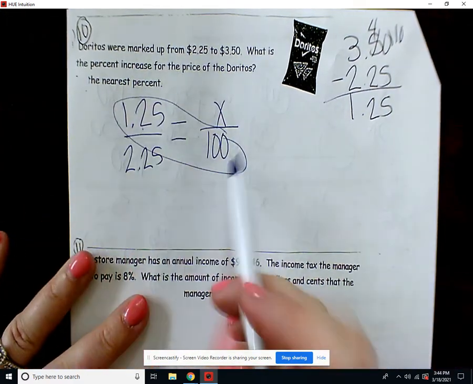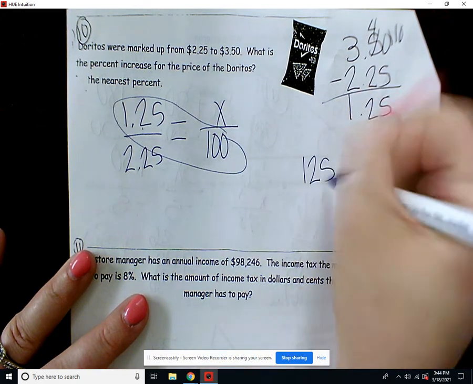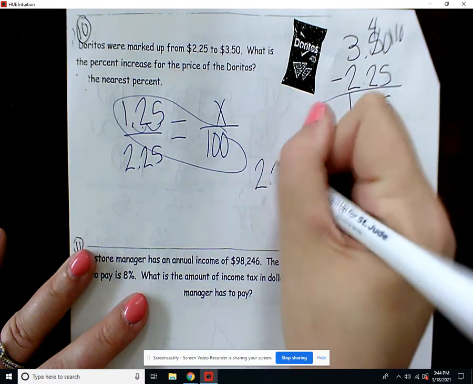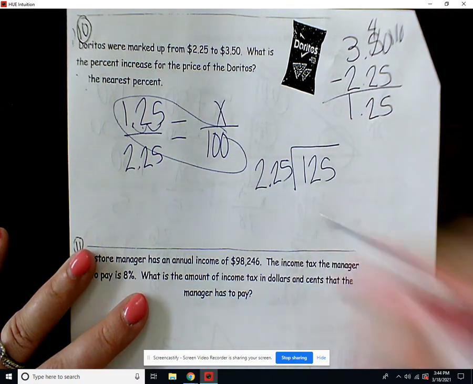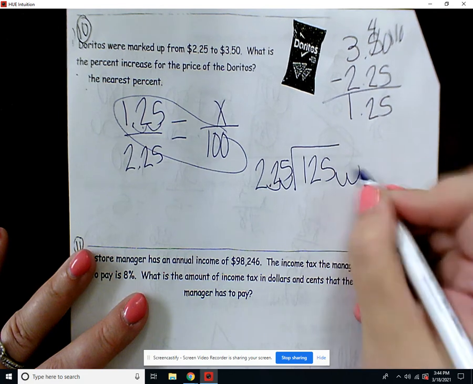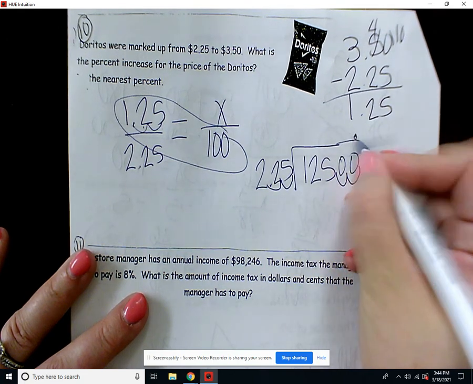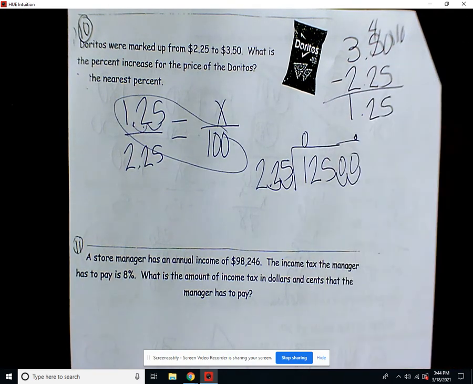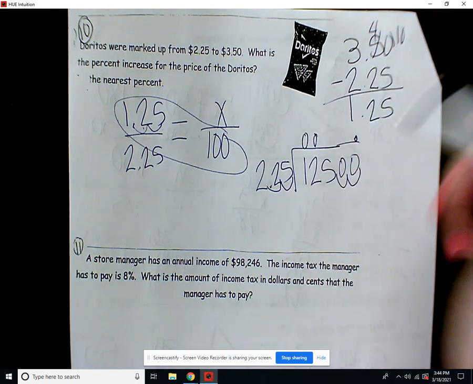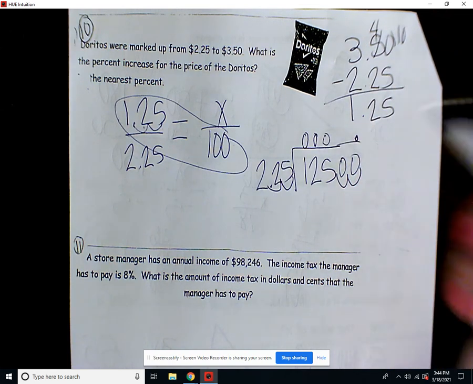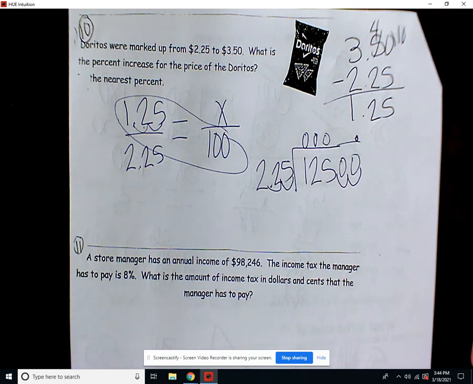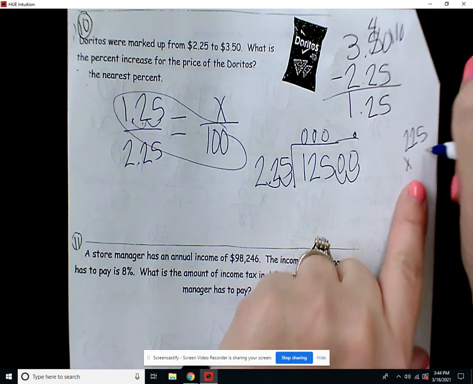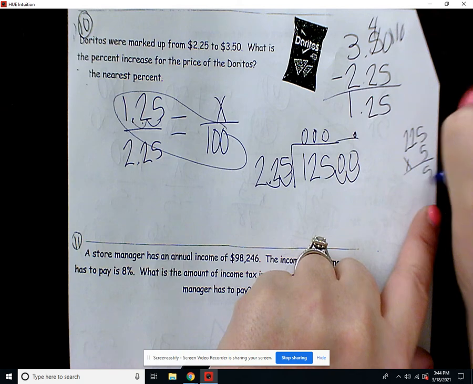So 1.25 times 100 is 125. We move that decimal over twice. We're going to divide by 2.25. So move that over 2 times on the inside. Then we're going to add that 0. So 225 into 12,500 can't go into 1. It can't go into 12. Can't go into 125. But it can go into 1,250. Let's try 5 times.